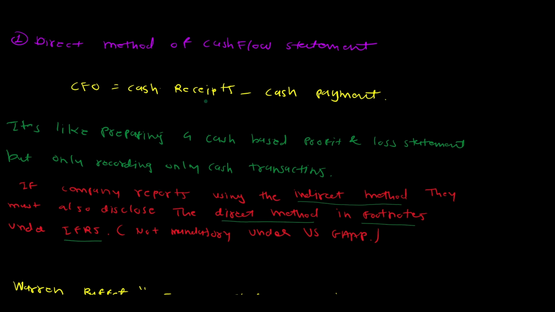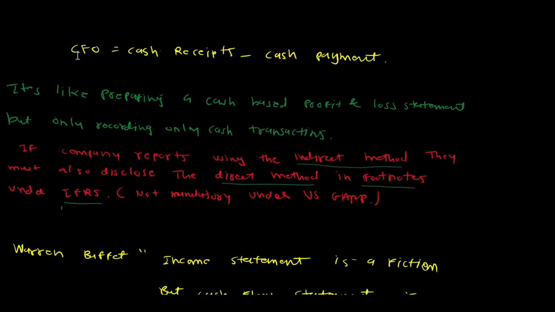It means if you are using the indirect method in your financial reporting under IFRS rules, you should also disclose the direct method in the footnote of the financial reports. So the direct method is important.